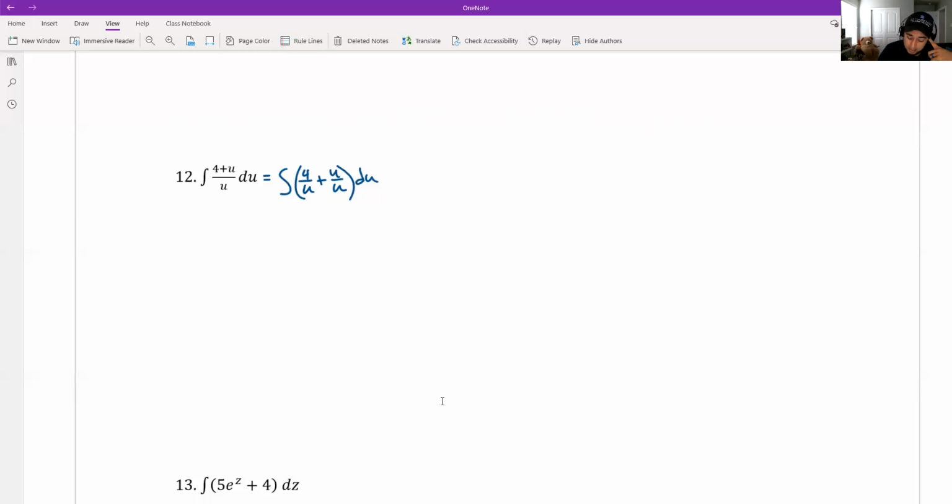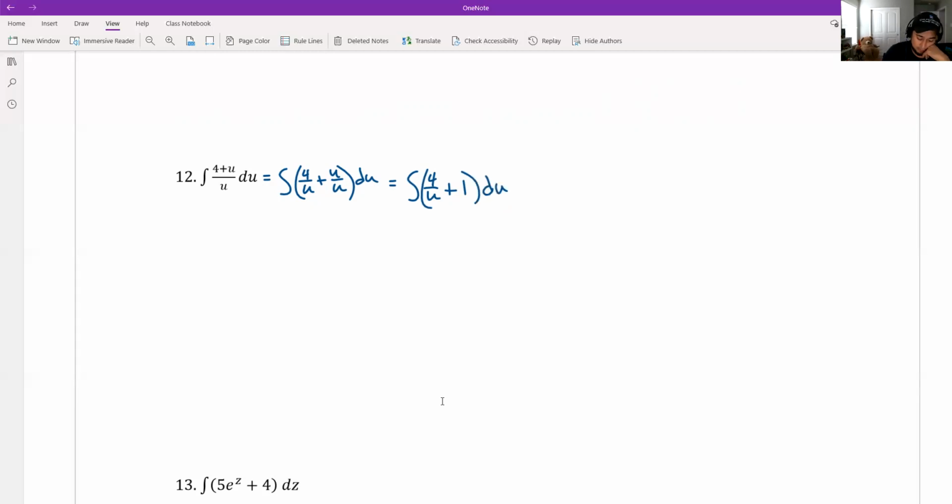Okay, now I'm going to simplify before I split this into two integrals. I will get the integral of 4 over u du plus, oh, I'm already splitting it into two integrals, my bad. Nope, I said I would simplify first. So this becomes the integral of 4 over u plus 1 du.